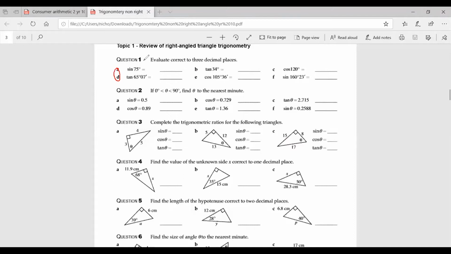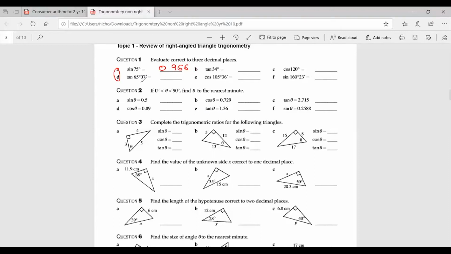Yep, and close bracket. And then what does that equal to? 0.97. Well, it's three decimal places, so 0.966. Perfect, exactly right.